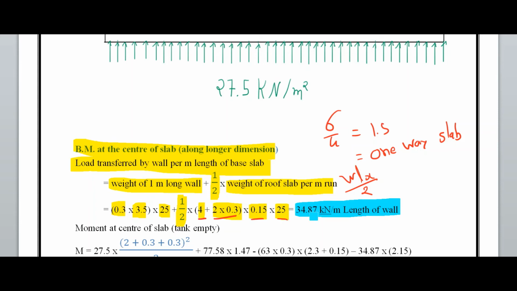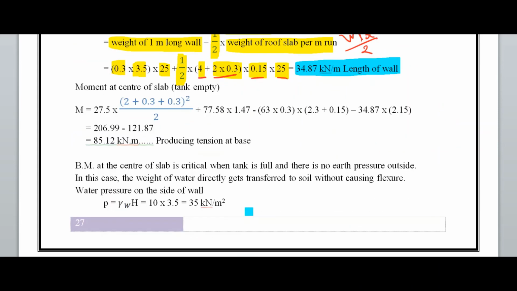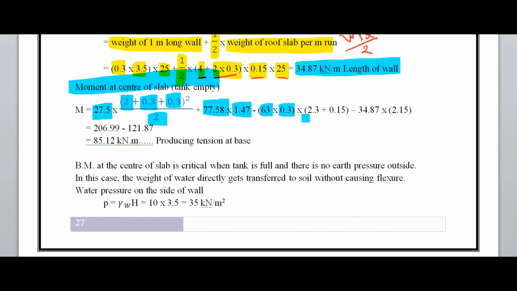Same we are going to calculate for the moment at the center of the slab. So 27.5 is upward force. 2 into 0.3, 0.3 whole square divided by 2 is the moment. 77.58 is the active earth pressure. 1.47 is the distance. 63.3 into 23.1.15 is the distance.